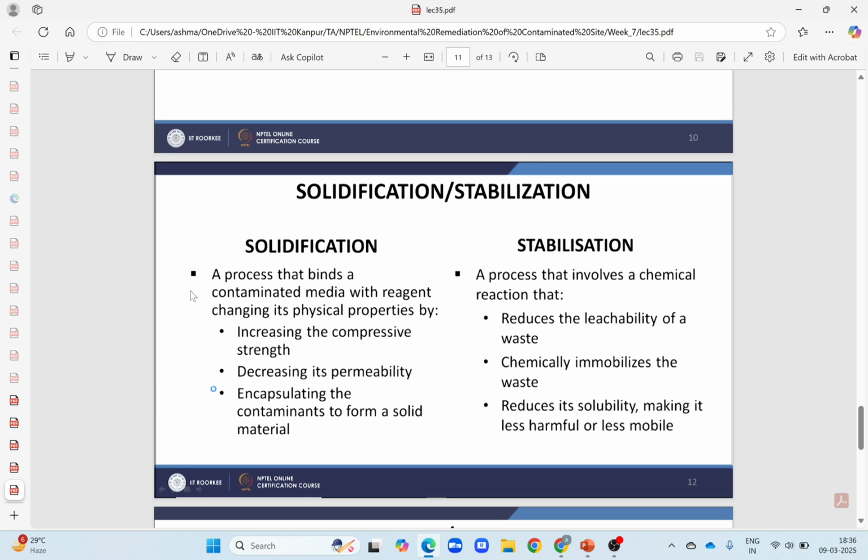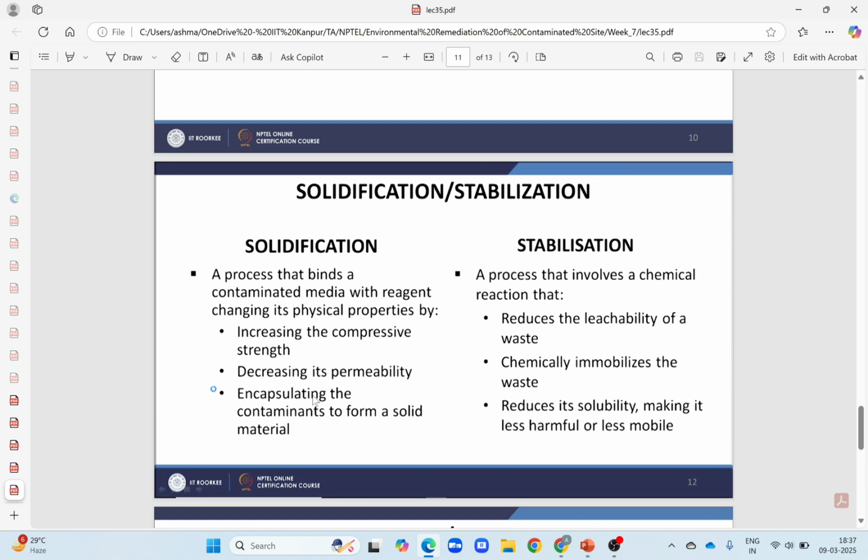So if the permeability is decreased and water is passed, the water will not be able to flow as freely as compared to highly permeable media, and so the pollutant release in the water will be less. And if we make solid bricks or something like that of that soil, then again the pollutant will not be able to come out from that.